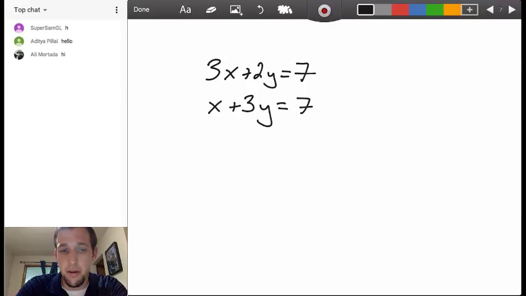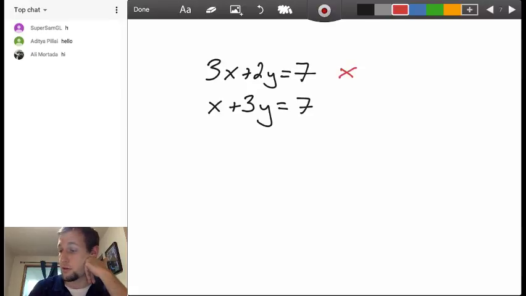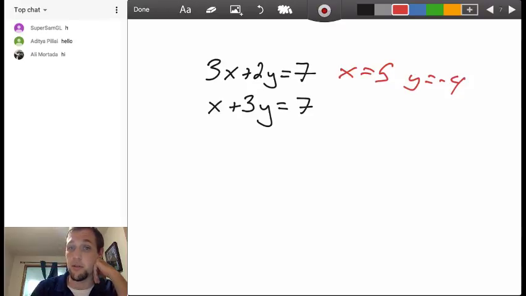What you're trying to do in a system of equations is basically find the x and y value that work for both equations, okay? So for example, for that first equation, x equals 5, y equals -4 makes that equation true. If I plugged a 5 in for x, I'd get 15.